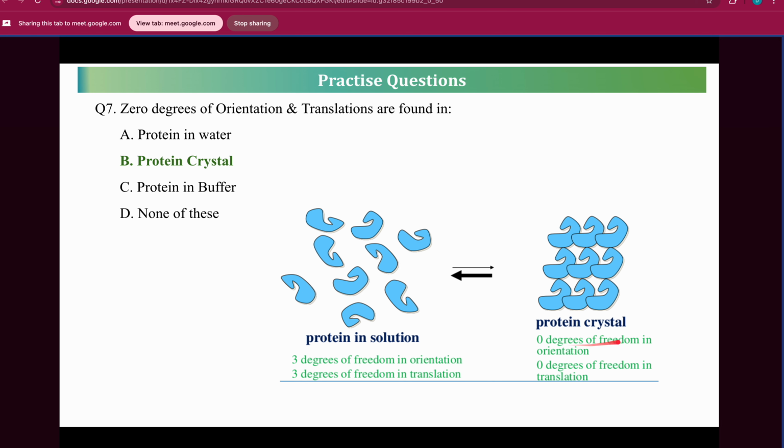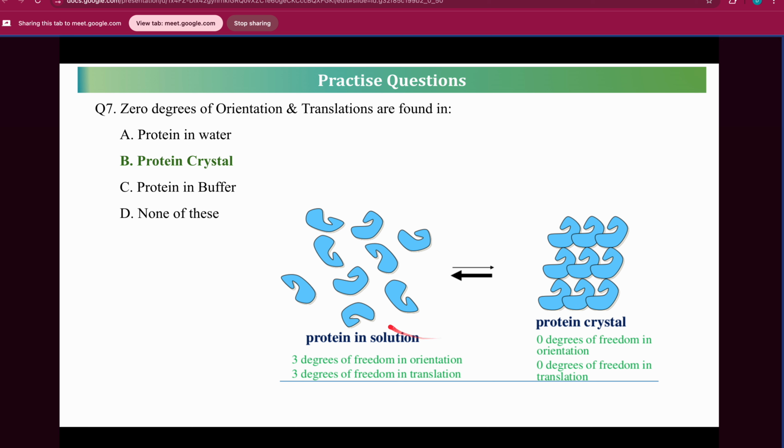Whereas if we talk about protein crystals, then these individual protein units are closely packed, they are compact, they are in the lattice, there are lattice contacts between these units. So now there will be 0 degrees of freedom in orientation. They are not free to move, so their entropy is less.